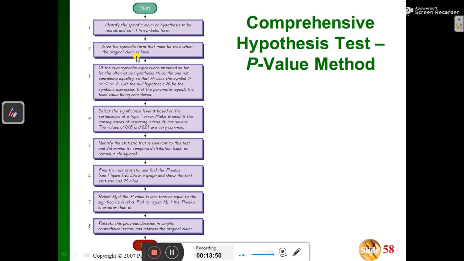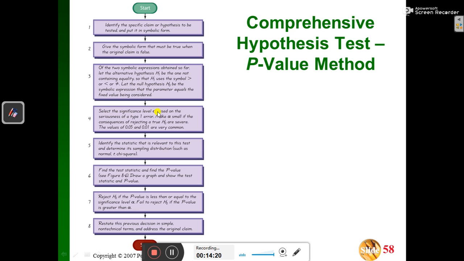Of the two symbolic expressions obtained so far, let the alternative hypothesis H1 be the one not containing the equality symbol, so that H1 uses the symbol less than, greater than, or not equal. Let the null hypothesis H0 be the symbolic expression that uses the equal symbol, and let it be fixed.